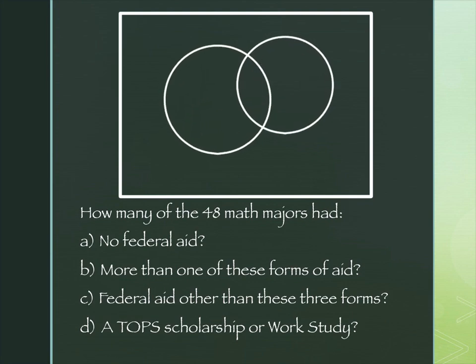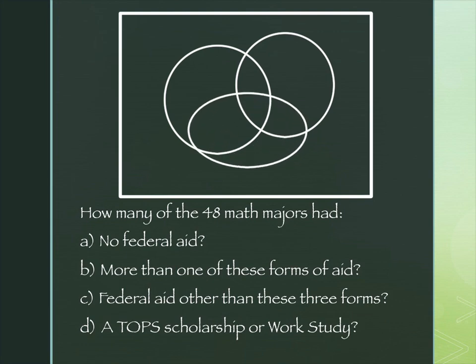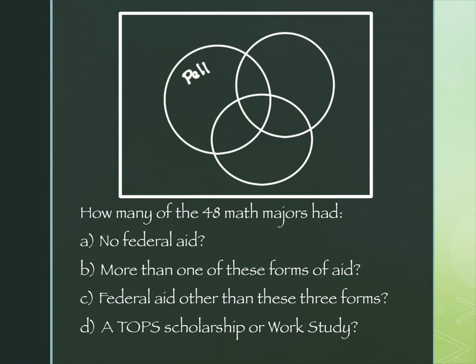There's 1, 2, 3. And I'm going to label them the way they're described. So what are my 3 circles that I'm drawing for? Okay, Pell Grants. What's next? Okay, so work study. And the TOPS scholarships. So I'm going to put TOPS.